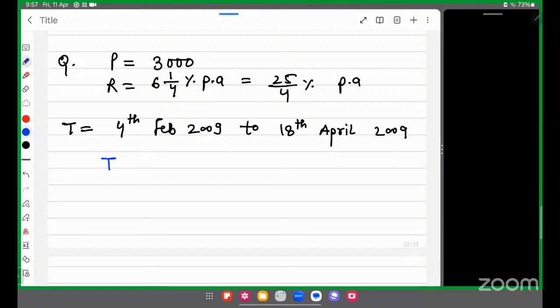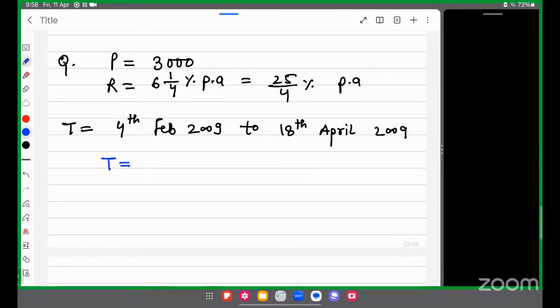So time will be from 4th Feb to 18th April 2009. How many days will be this? If it's 4th Feb, there are total 28 days in Feb.